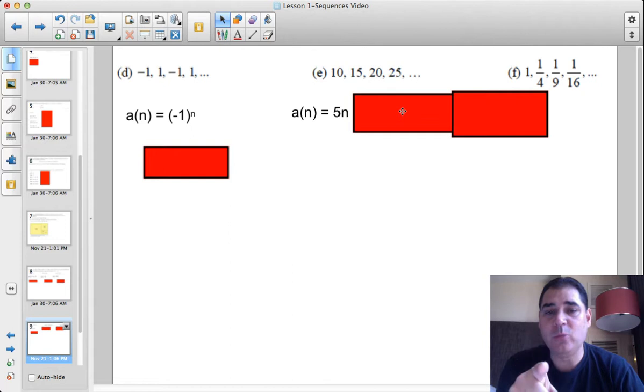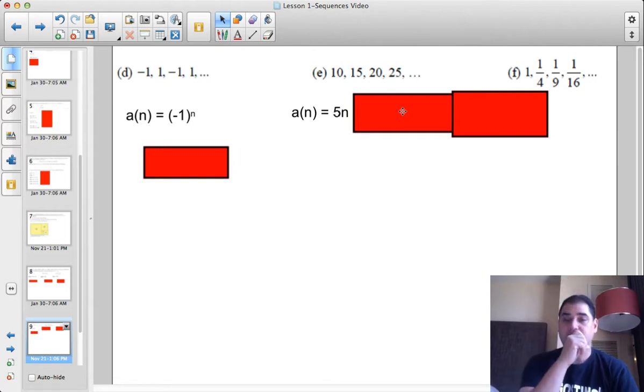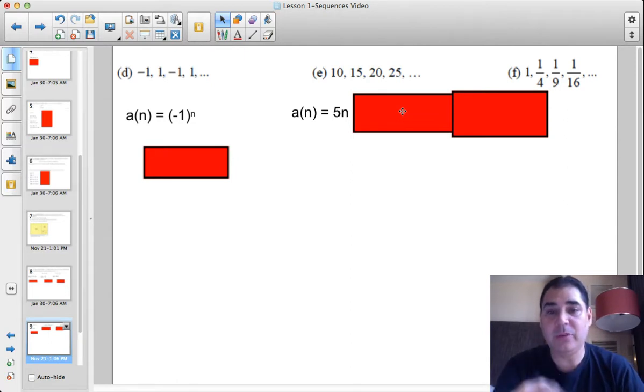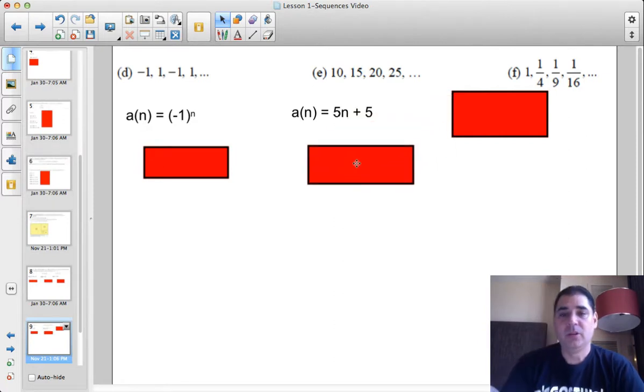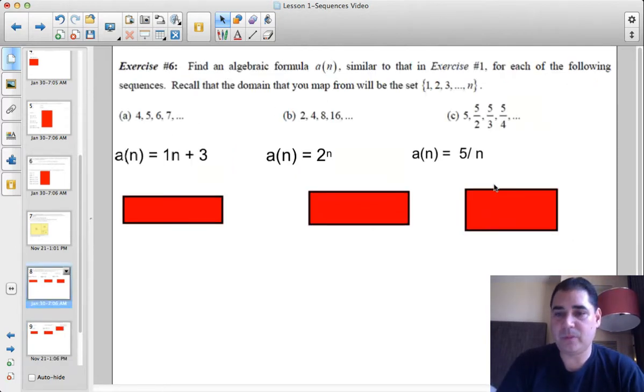Sorry, 5 times 1 plus what will give you 10, because that's the first term of the sequence. If I want the second term of the sequence, 5 times 2, which is 10, plus what will give you 15? So what's the other part of the formula? You guessed it, 5.